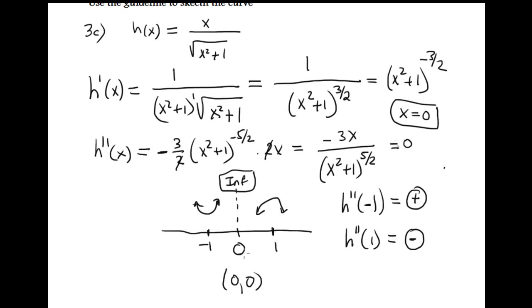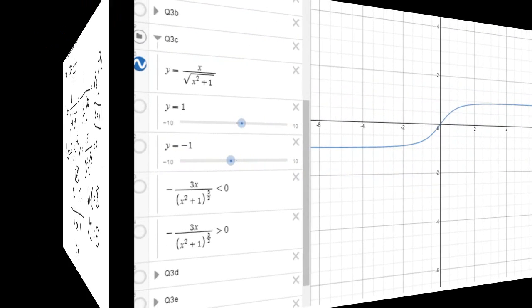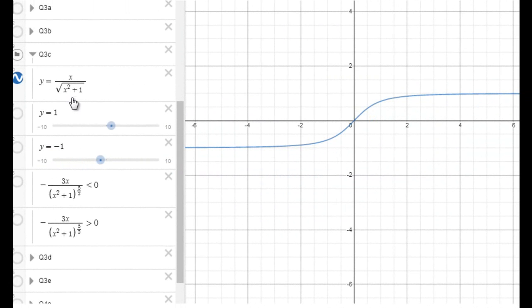Okay, we are ready to see the decimal simulation. I type in the original expression. We investigate, remember we have two horizontal asymptotes, one and the other one.